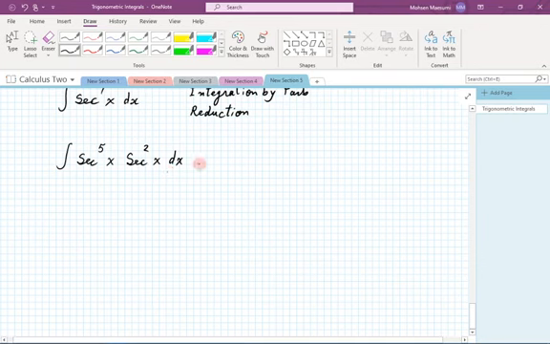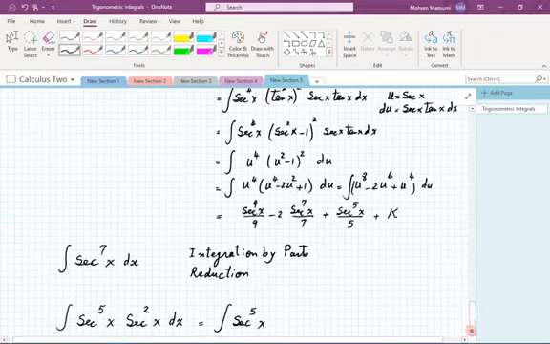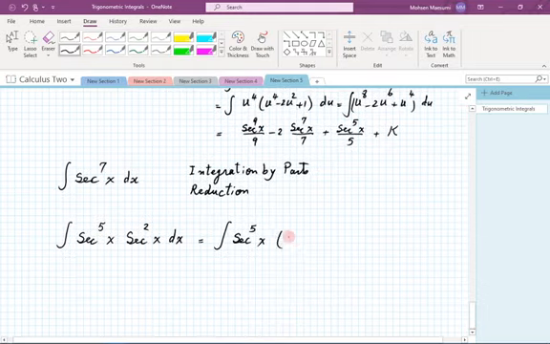Then I can write this as secant to the power of 5 of x, and instead of secant squared, since it was 1 plus tan squared, I write it as 1 plus tan squared of x dx. Now what?